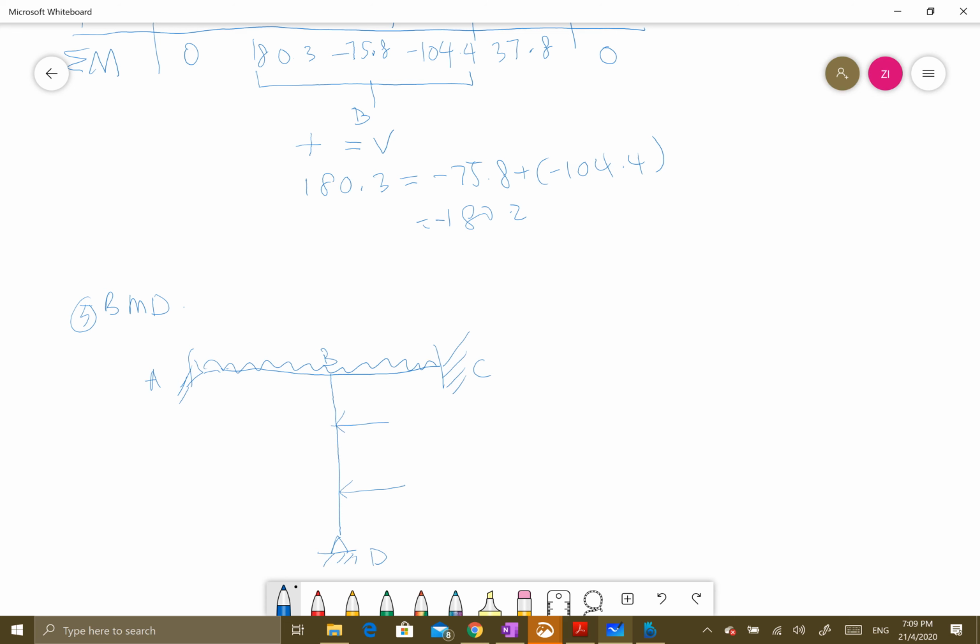Okay, so for AB, MAB is 0. So is this correct? If the moment at the pin or roller is 0, then this is correct. So 0 is right. Okay, and this is MBA. So MBA is positive.